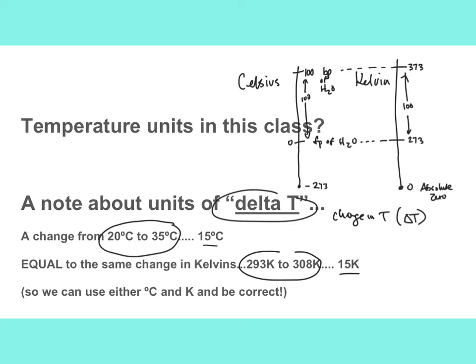So as we look at units that are used in this chapter, absolute temperature values, so actual measured temperatures of a stationary system, would not be the same in Celsius or Kelvin. But the delta T for a system that either increases or decreases in temperature would be the same in Celsius and Kelvin. So that will be useful later on.